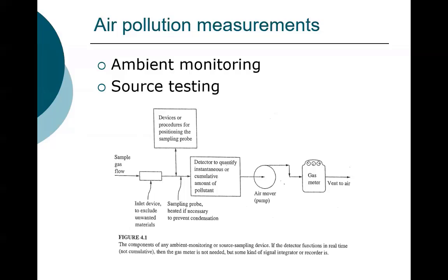You may also have a sampling probe that's heated because you don't want condensation. Condensation can cause corrosion and deterioration of your sampling probe, so you want to prevent that.